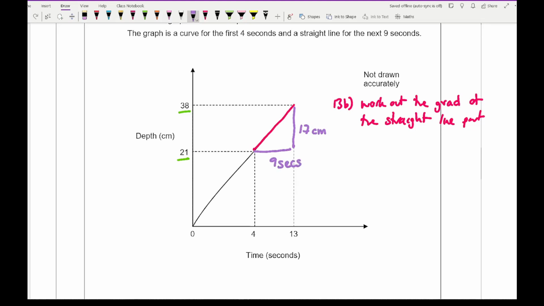So the gradient is going to be 17 divided by 9, and I can either leave it as a fraction, in which my units are going to be centimetres per second, or I could write it as a decimal, so it's going to be 1.8 recurring, and that's in centimetres per second, or you could write 1.8 cm s to the minus 1. Any of those would be fine.